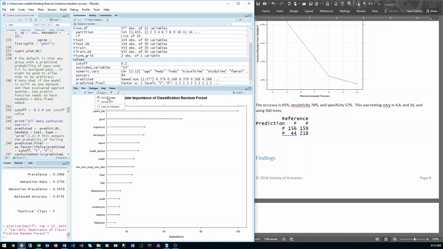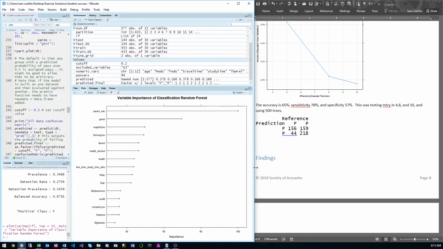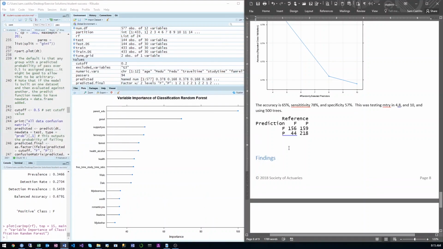That's an indicator that your new feature is adding to the model. It's improving the model.